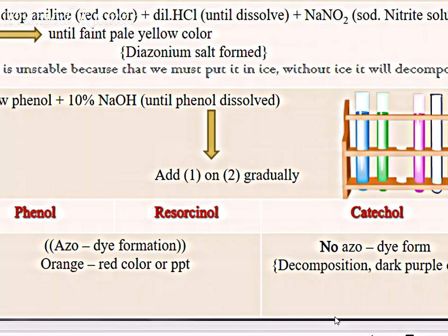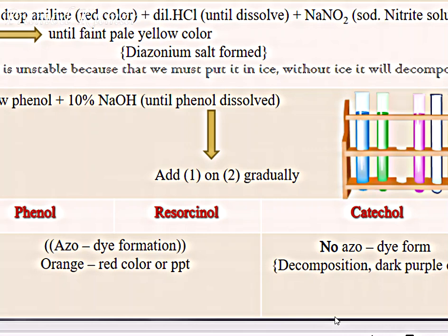Then add NaNO2 solution, that is sodium nitrite solution. When you add all these things, a diazonium salt will be formed, that is the benzenediazonium salt.